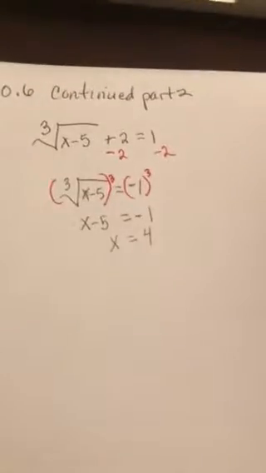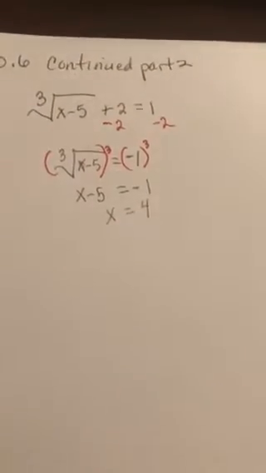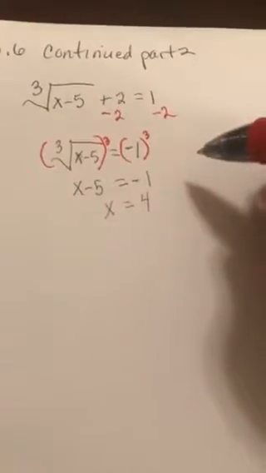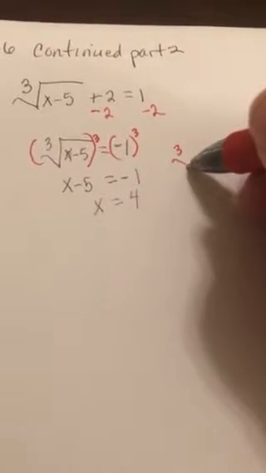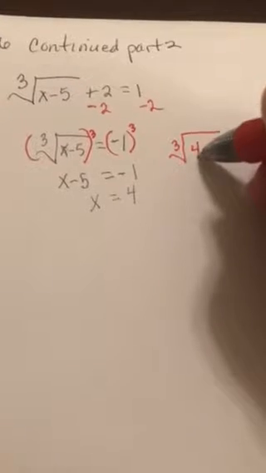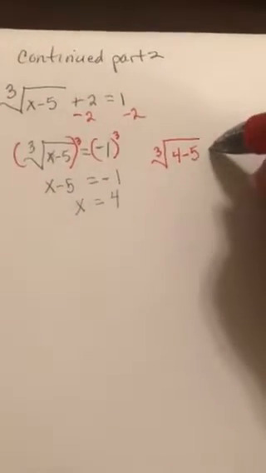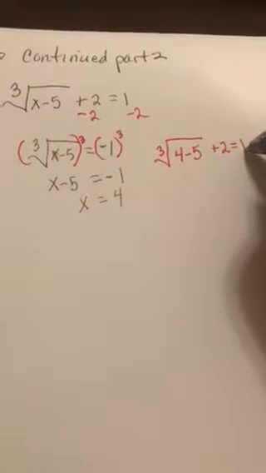Now, one of the steps that we talked about was always checking your answer, because if 4 doesn't work, we would say there's no solution. So let's test our answer. The cube root of 4 minus 5 plus 2, does that really equal 1?